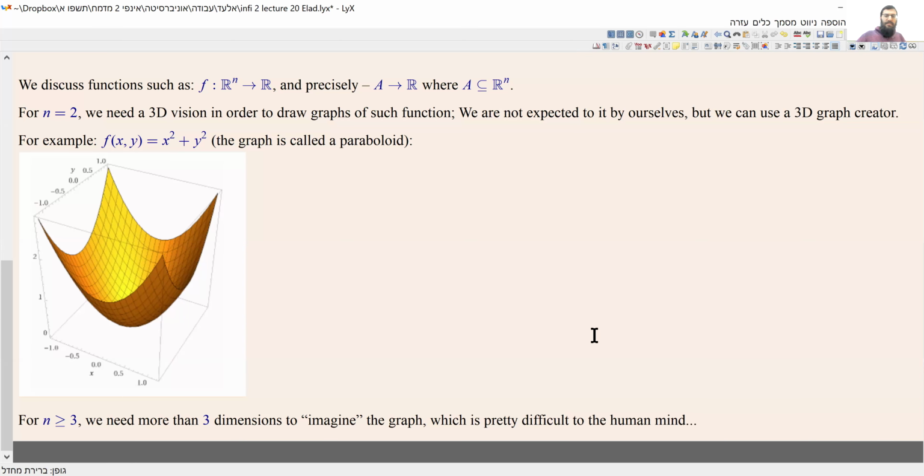One can use some animation to probably grasp the fourth dimension.